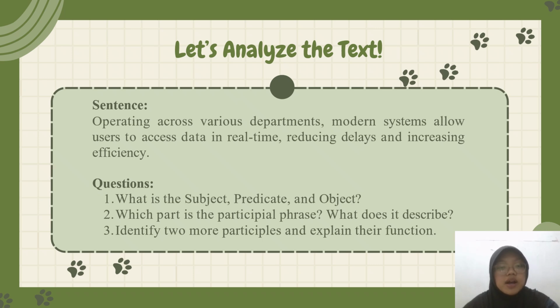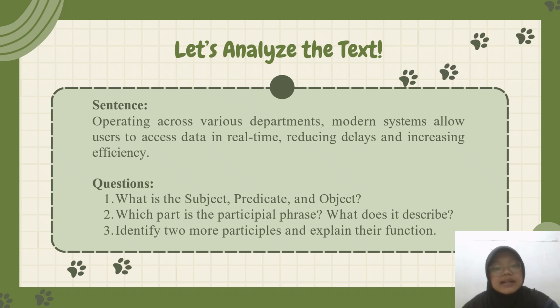Three. Identify two more participles and explain their function. We have "reducing" and "increasing" at the end of the sentence. Both are present participles. Their function: they are part of a longer participle phrase that explains the consequence or result of the preceding action, the system allowing real-time data access.